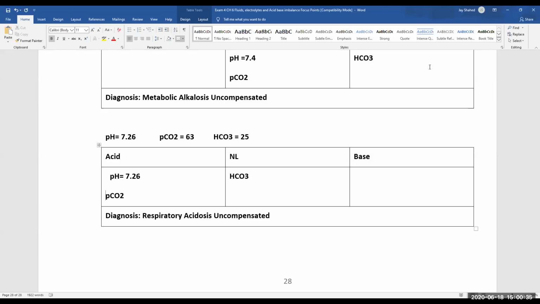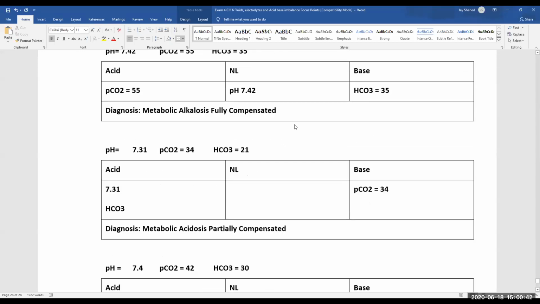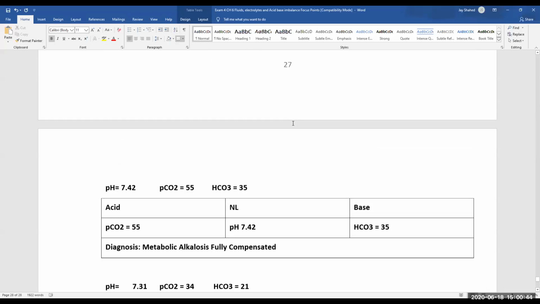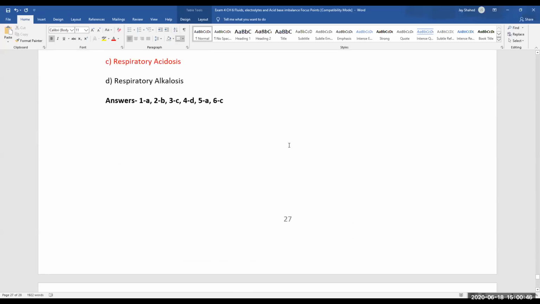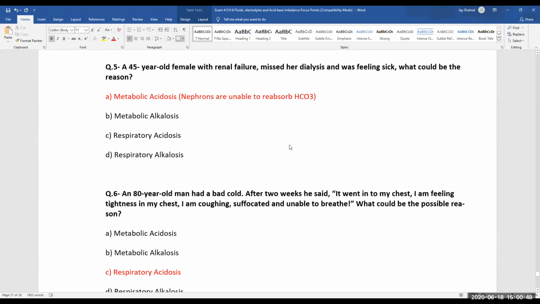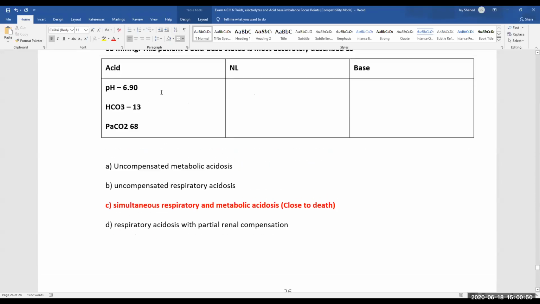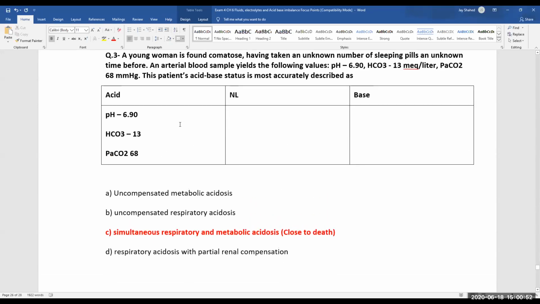Is this a trick? Compensated, isn't that normal, Dr. J? Can you have both and then compensated? Wouldn't that just be normal values?